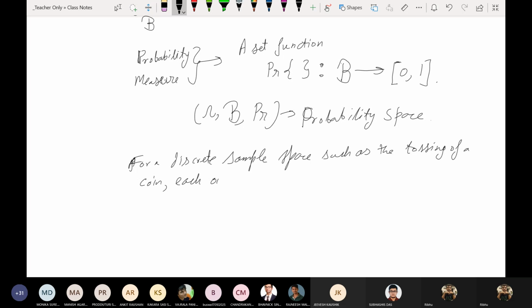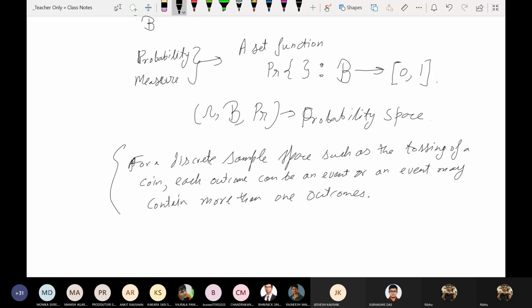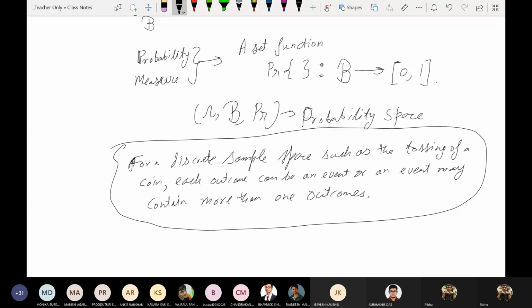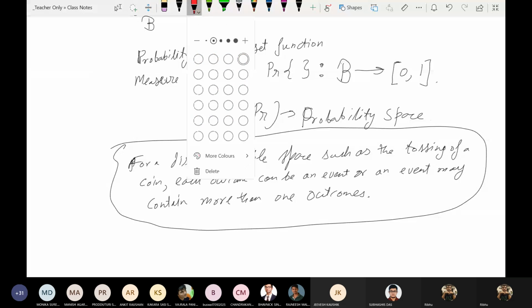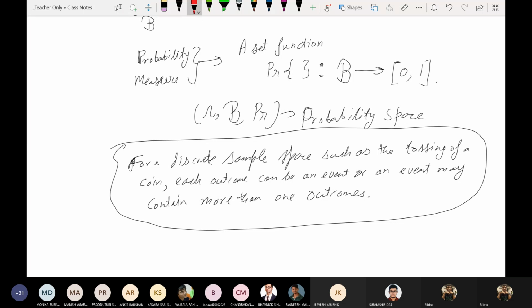Each outcome can be an event, or an event may contain more than one outcome. So we had discussed this statement for discrete probability spaces yesterday, and I hope all of you who were listening agree with this statement.